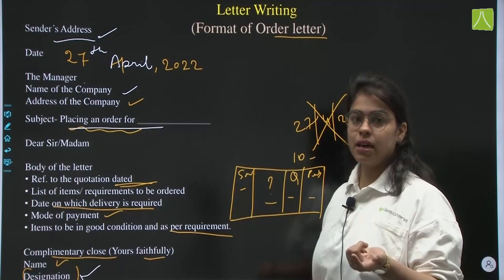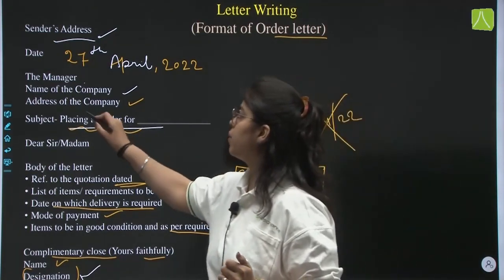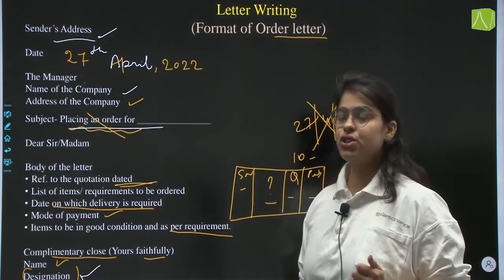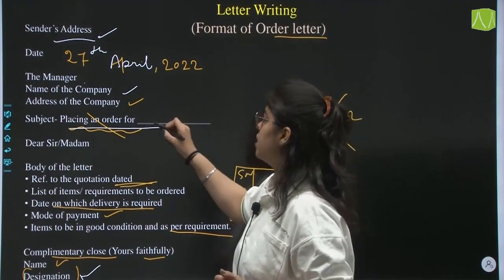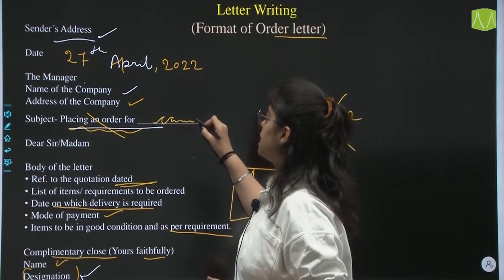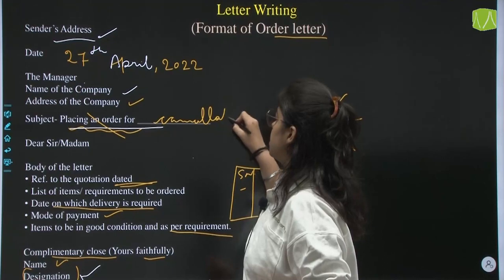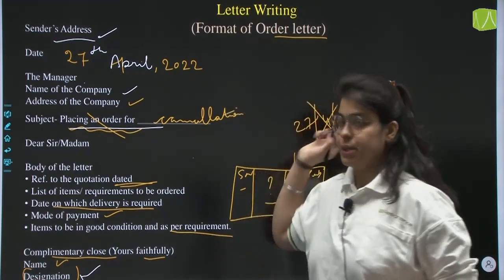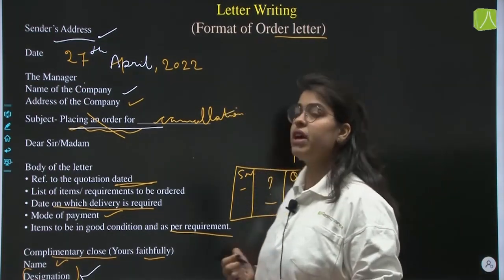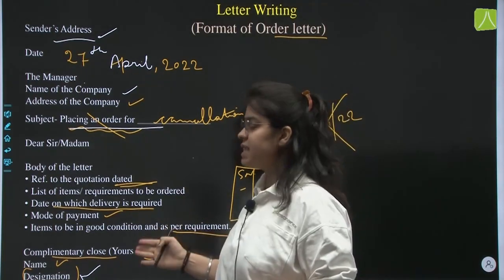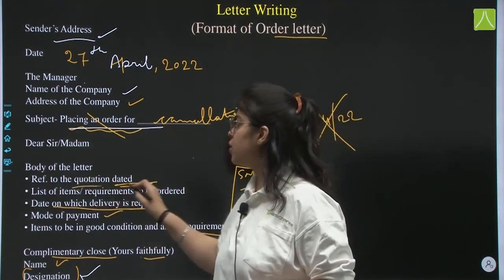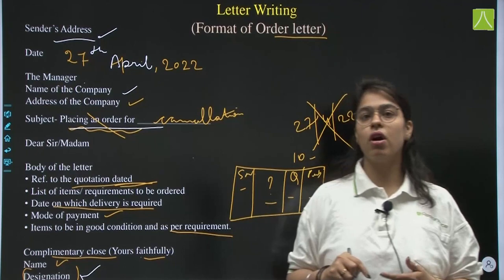And if it is a cancellation order, here we are just going to change. What are we going to write here then? Cancellation of the order. Okay, then you can give the reference number. It would be the same, just here you will not write as per the conversation.